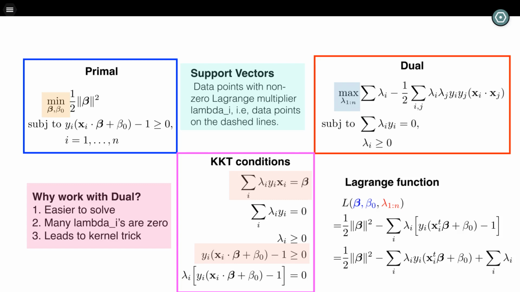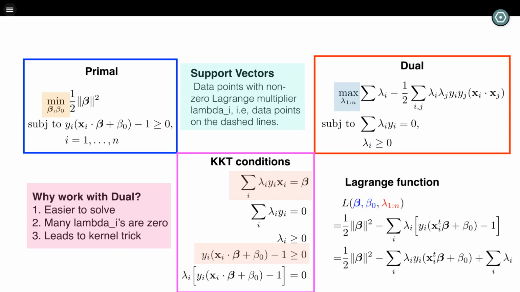And the parameters in red are the Lagrangian multipliers, one for each constraint. We have n constraints because there are n data points. They have to be put on the correct side. So we have lambda 1 through lambda n. And the Lagrangian function just puts them together: objective function minus lambda i times your constraint, which has to be bigger or equal to 0. And you can reorganize it.